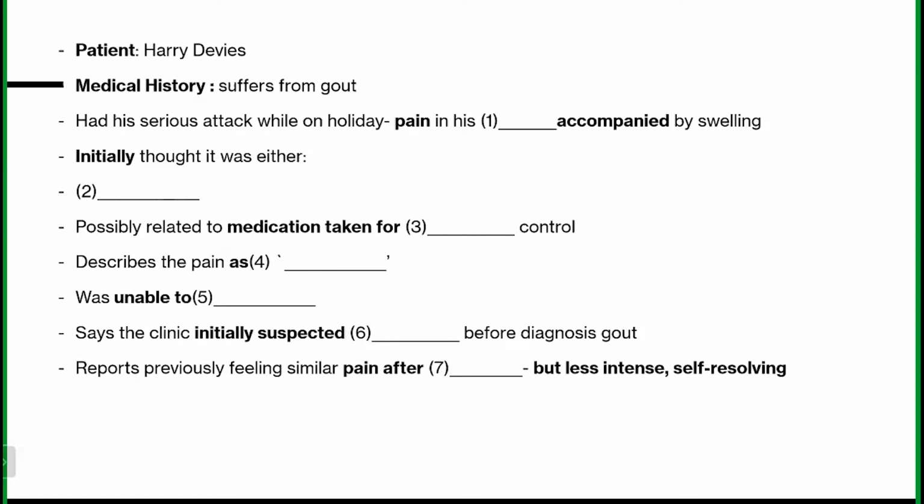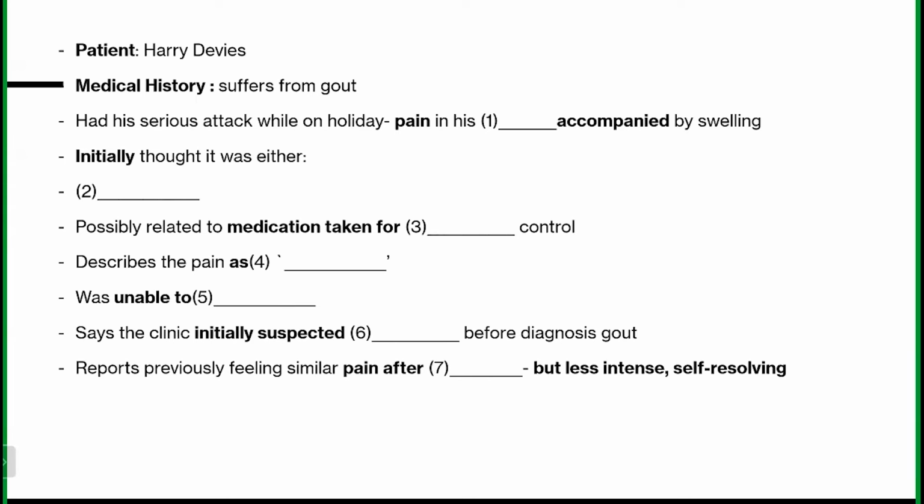And then moving to the next one: "pain similar". They are asking about previous experience. He reports that he had similar pain after, you can see after doing something, so it shows some action or activity. He has experienced the same kind of pain.